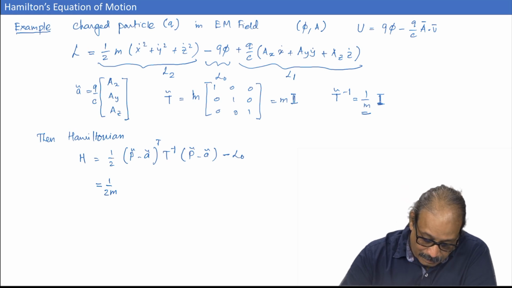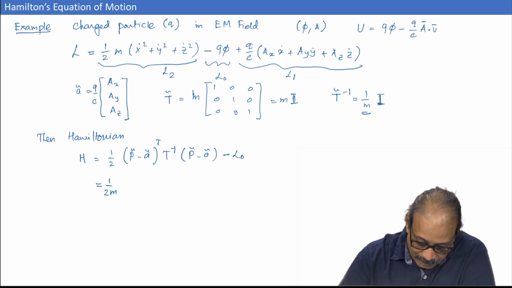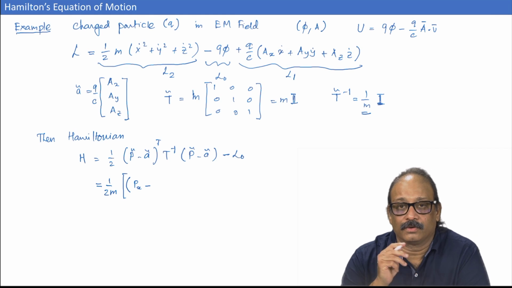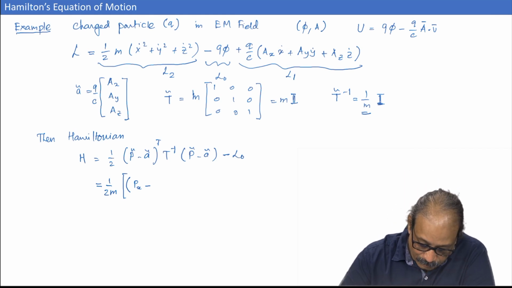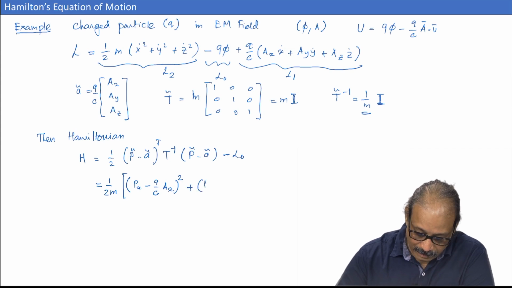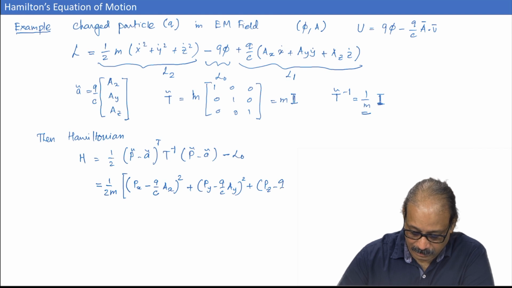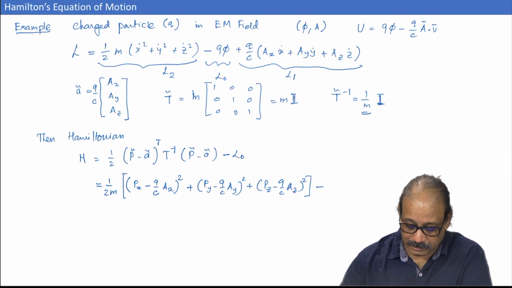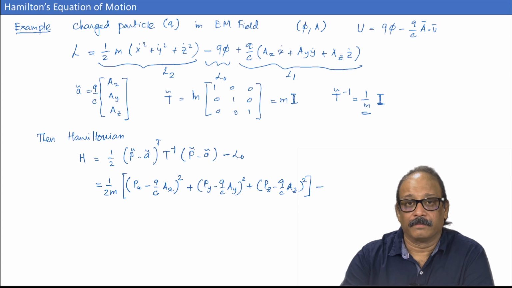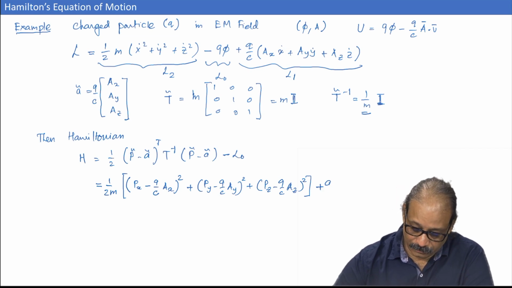That is nothing but the first row of P tilde is P x minus the first row in A tilde, which is q by c times A x, whole square, plus similarly you have (P y minus q by c A y) square, and similarly for P z, (P z minus q by c A z) square, that is it, and minus L 0, but L 0 itself was minus q phi, which means this will become plus q phi.